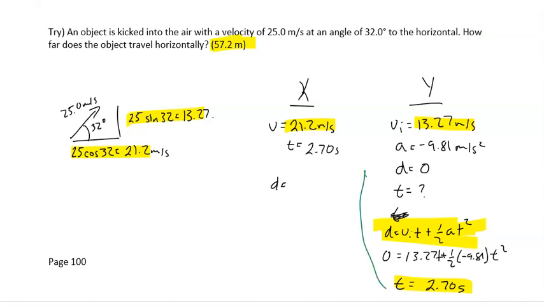Time being the thing that happens in both the x and y, that is the same, means that you're going to now take that 21.2 meters per second multiplied by the 2.70, and that gets you, in fact, 57.2 meters.